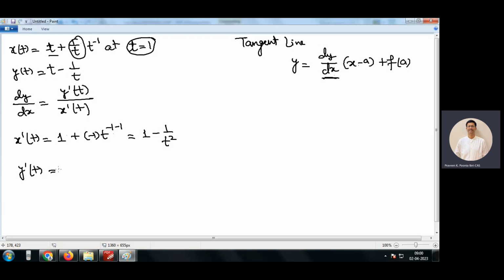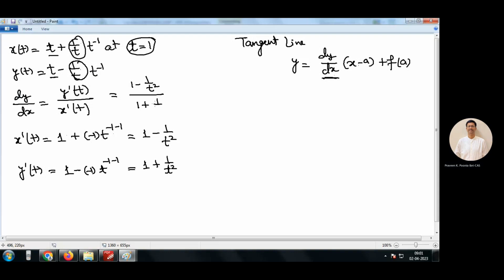And if you calculate the derivative y dash t, t is 1 minus, same, you can shift it upside, t power minus 1. So it will be minus 1 times t power minus 1 minus 1, so it will be 1 plus 1 upon t squared. This is the derivative. Put these values here: 1 minus 1 upon t squared upon 1 plus 1 upon t squared.